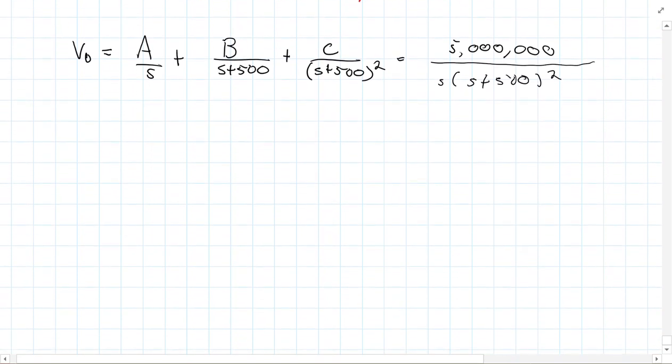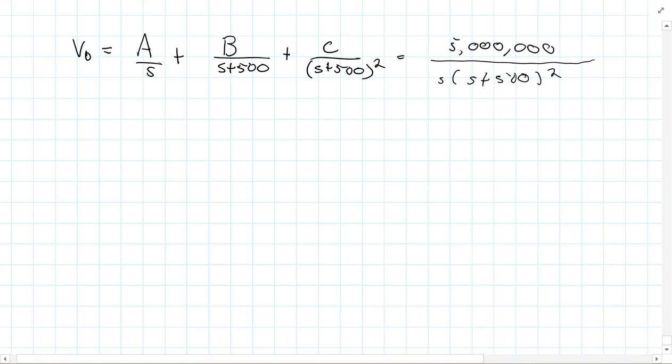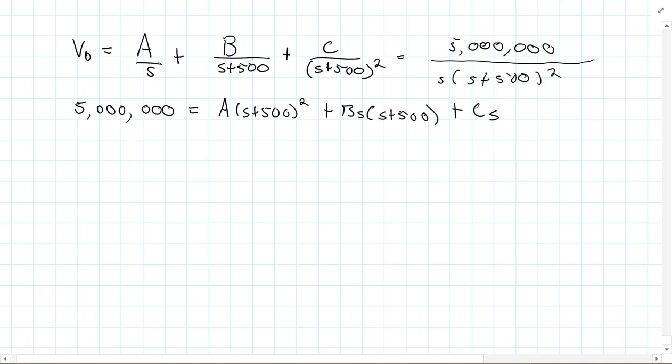And then, rewriting this as far as partial fraction expansion goes, you'd get 5 million is equal to A times S plus 500 squared plus B times S plus 500 plus C times S. Now we do have some nice numbers we could pick.